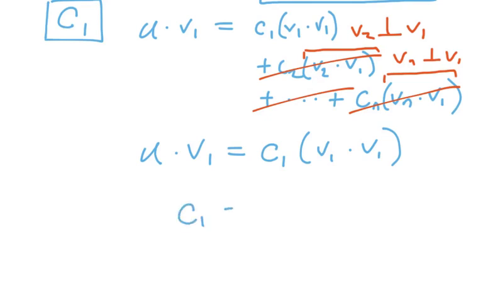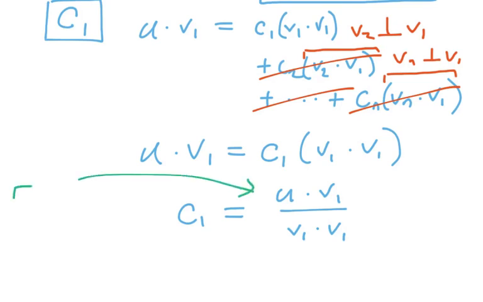What this tells me is that c1 has to be equal to u dotted with v1 over v1 dotted with v1. And first of all, this formula should look familiar, right? This is a thing that should absolutely look familiar to you at this stage of the course.